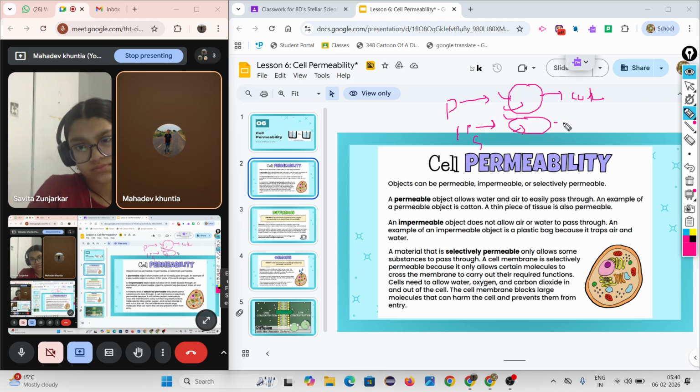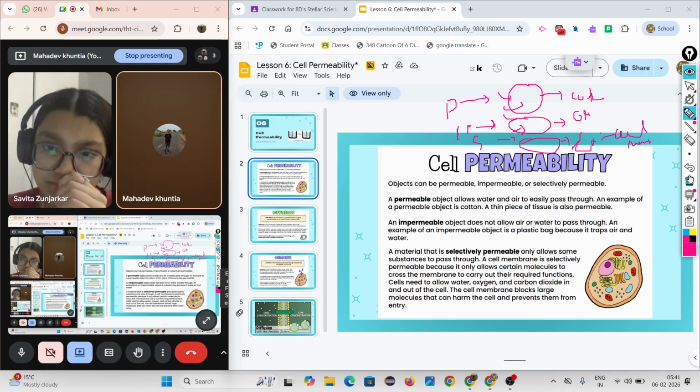The example is glass. Selectively permeable means it only allows some substances to pass through it. The best example is the cell membrane.